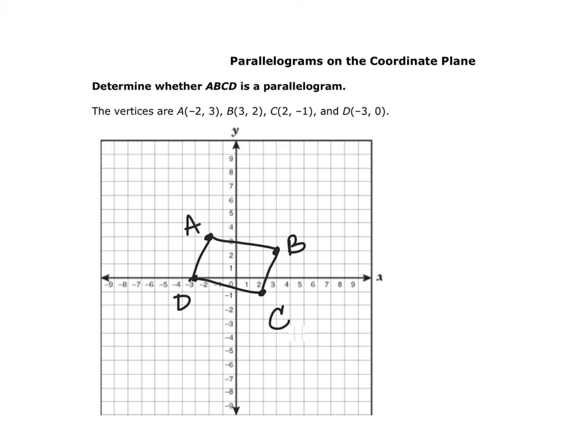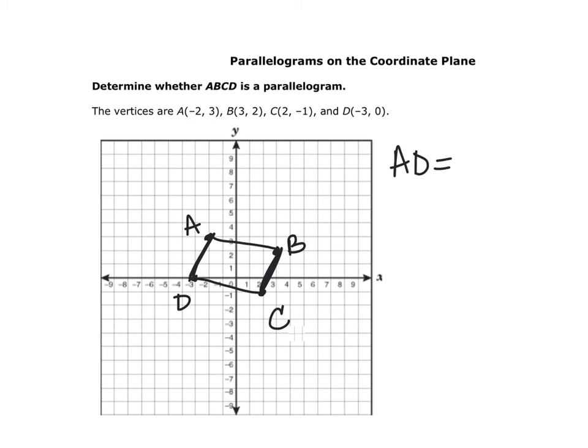There are multiple ways to show that this quadrilateral is a parallelogram, so let's see if we can do this. Let's check to see if segment AD is equal to segment BC. And so we're going to find the length of AD first.